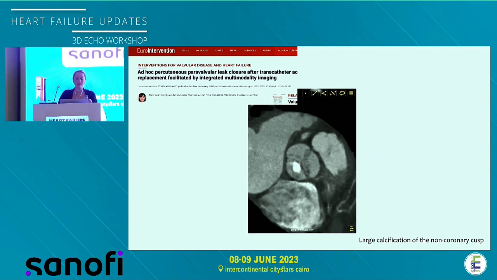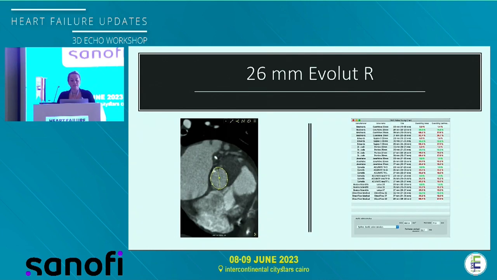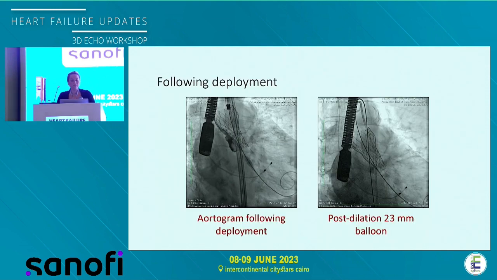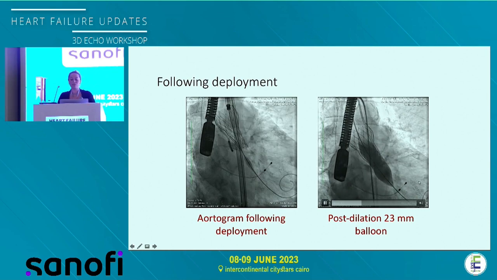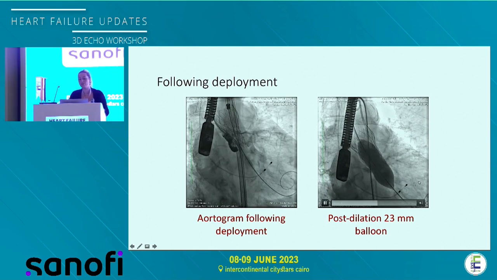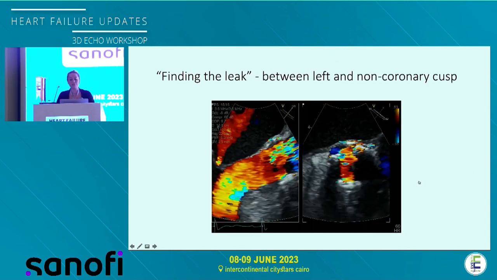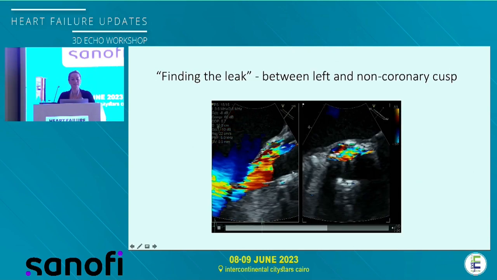On my last day, we had a TAVI case, and we had a paravalvular leak, and this case was also published. We chose a 26 millimeter Evolut R valve. Following deployment, the patient had a paravalvular leak. After post-dilatation with a 23 millimeter balloon, there was still paravalvular leak.